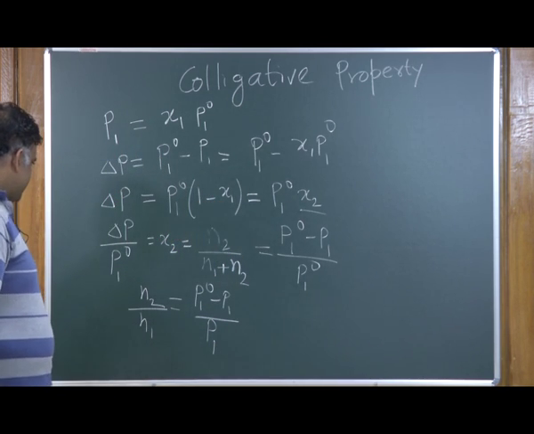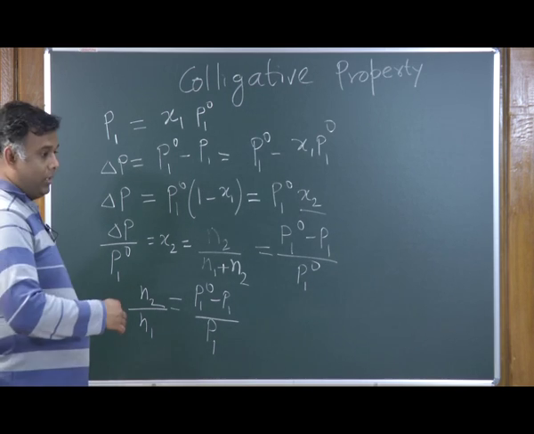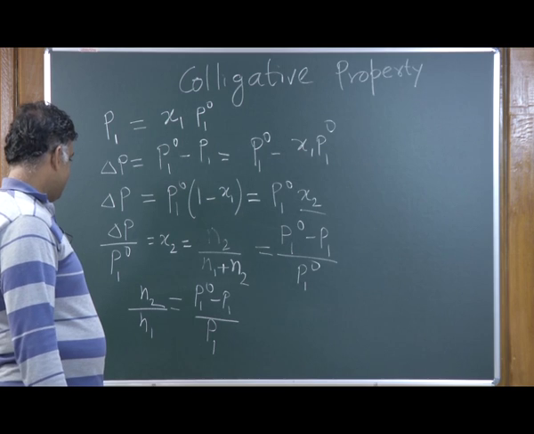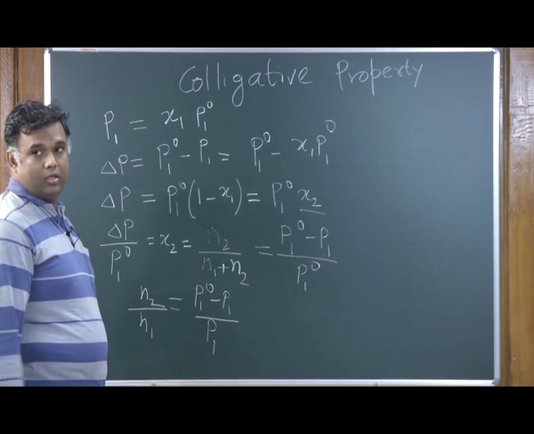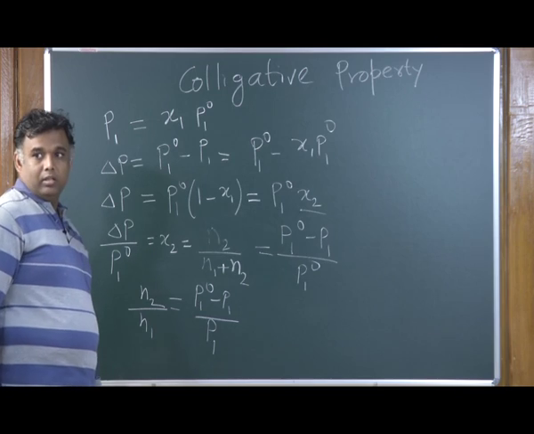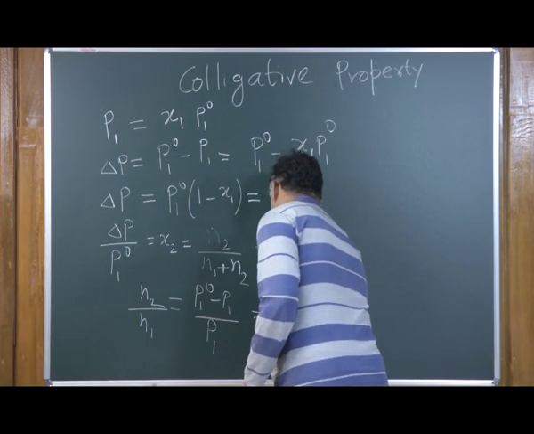And this equation can be used to determine the molecular weight of an unknown solute. If we do not know which solute is present in the solution, we can use this equation to calculate the molecular weight of the solute as follows. So, N2 is the number of moles of solute.